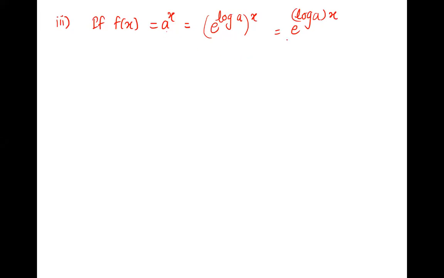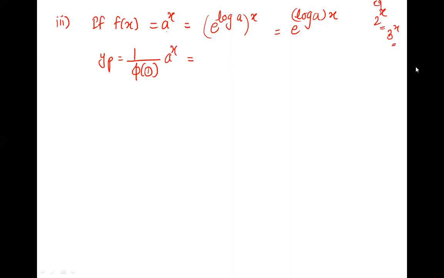It was A raised to X, and A raised to X can be written as E raised to log A X. Therefore, the particular integral is 1 upon phi D into your function. The function is A raised to X. A raised to X means it can be like 2 raised to X, 3 raised to X, A can be any number. Functions are like this.